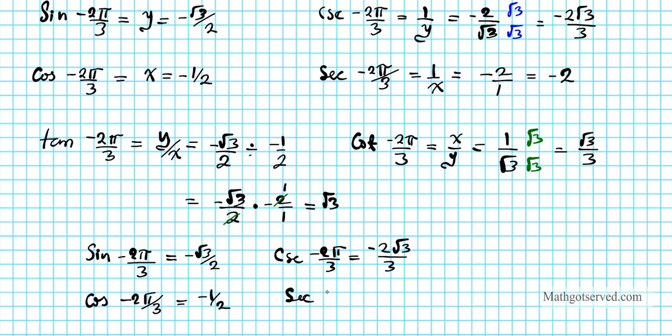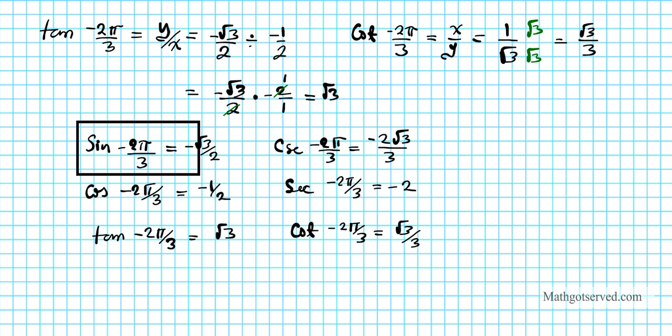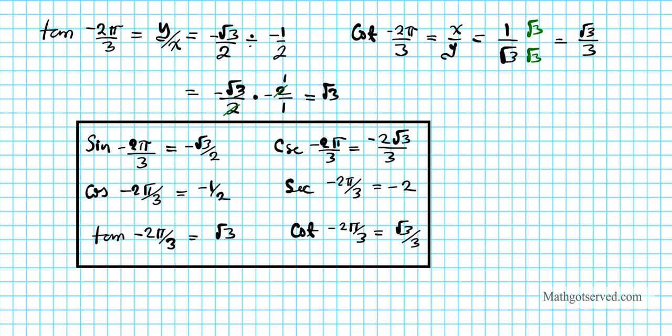Secant of negative 2 pi over 3 equals negative 2. And last but not least is tan, and its reciprocal relative. Tan of negative 2 pi over 3 is equal to root 3. And then cotangent of negative 2 pi over 3 is equal to root 3 over 3. All right, so there goes all your 6 trig ratios for the angular value of negative 2 pi over 3.